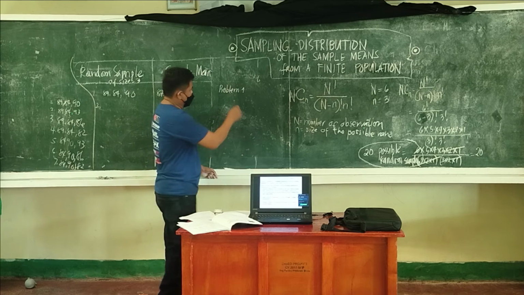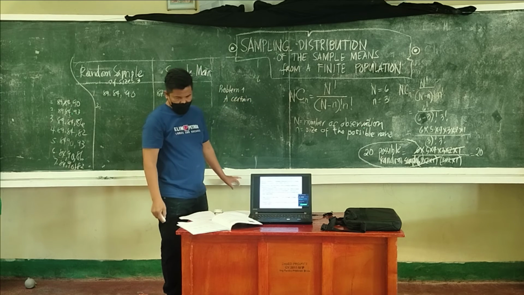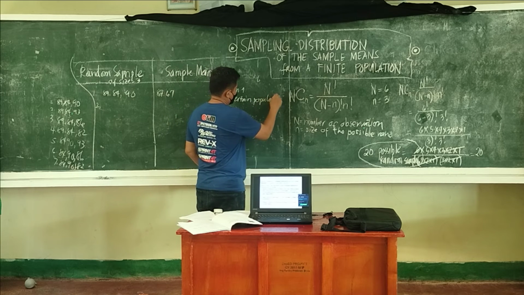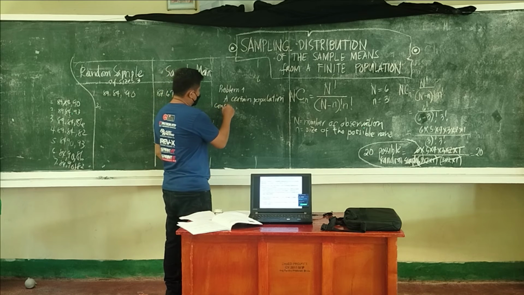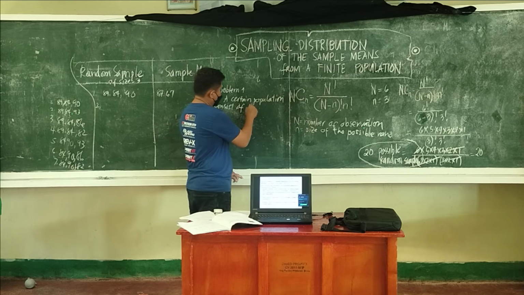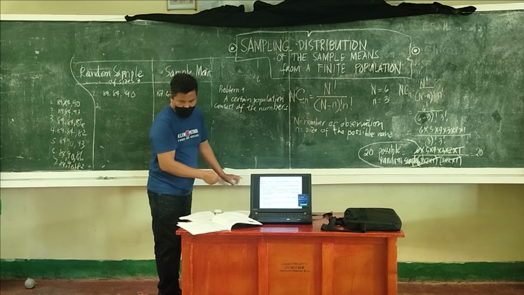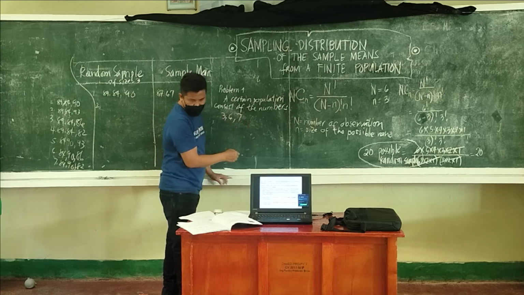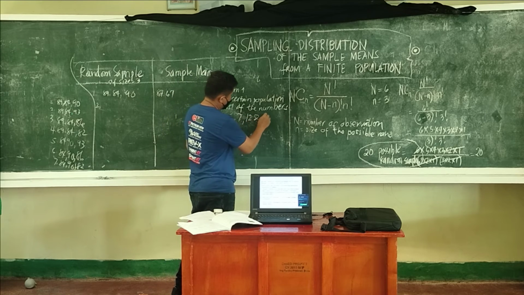A certain population consists of the numbers 3, 6, 7, 12, and 4.